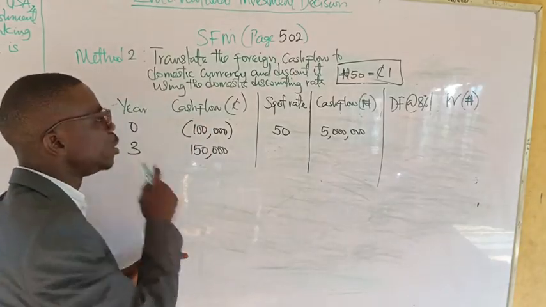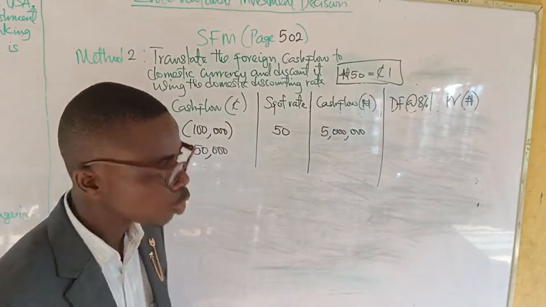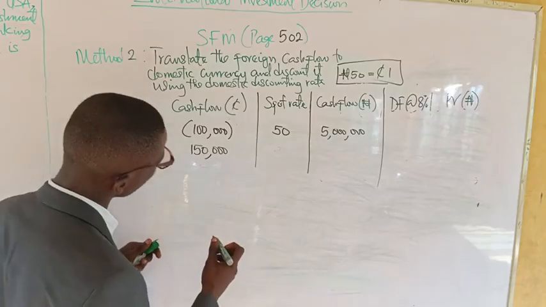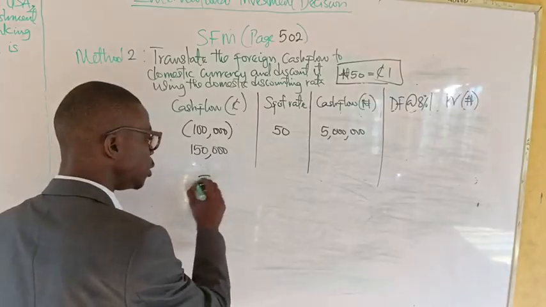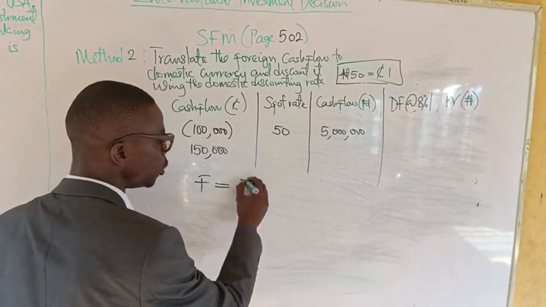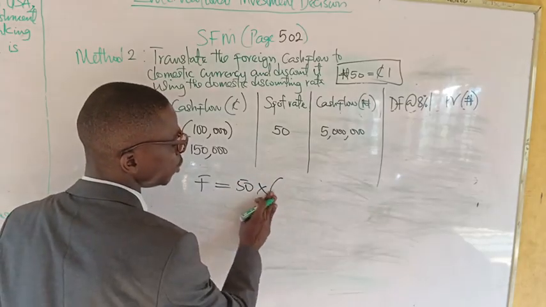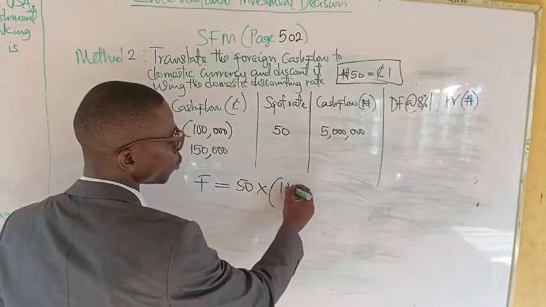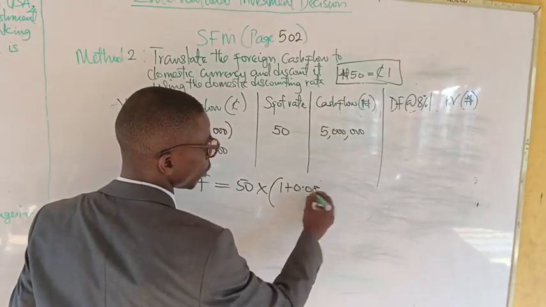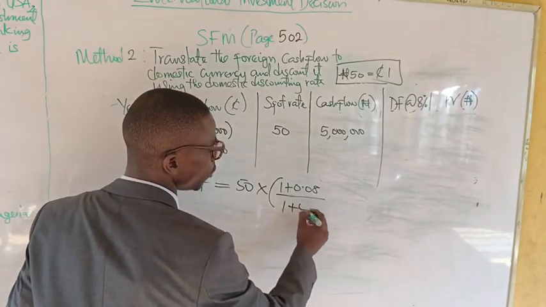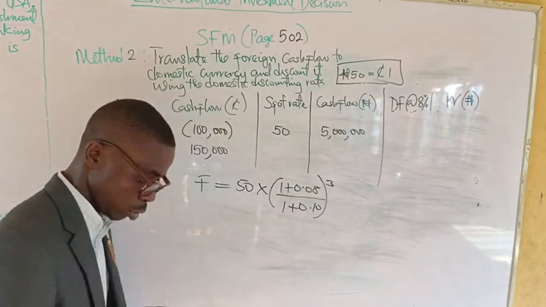Now, year 3. Just calculate the spot rate for year 3. Am I communicating? We already know, 47.3. So we have calculated it already. And if you don't know it, it is F equals spot rate, which is 50, times the domestic interest rate, 1 plus 0.08, over 1 plus 0.01, raised to power 3.